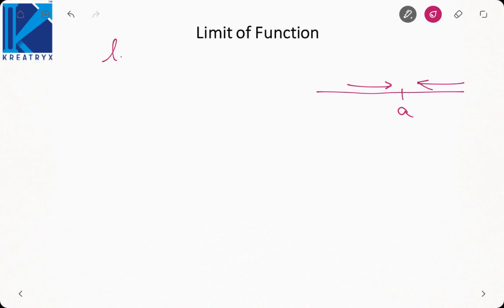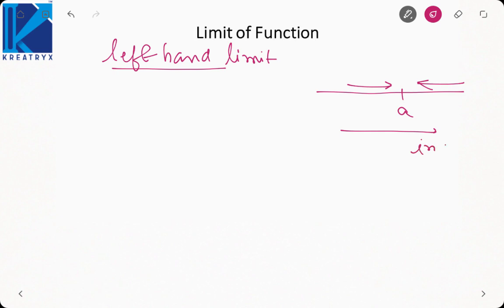If you go from the left hand side, it is known as left hand limit. On the real axis, this direction is for increasing values and this direction is for decreasing values. That is, if I move towards right, then I will be proceeding from 1 to 2, then 3, then 4. So I will be increasing the values.